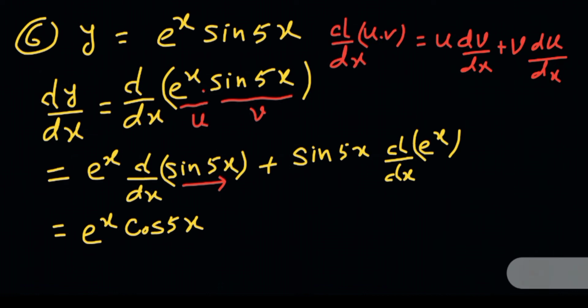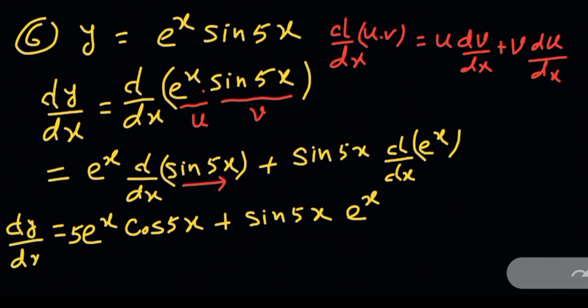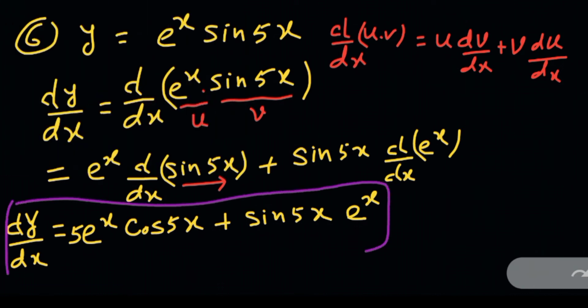So I write 5 first: 5 into e to the power x cos 5x. Plus, similarly, sin 5x times the derivative of e to the power x, which is e to the power x only. So in this way we got dy upon dx as this value.